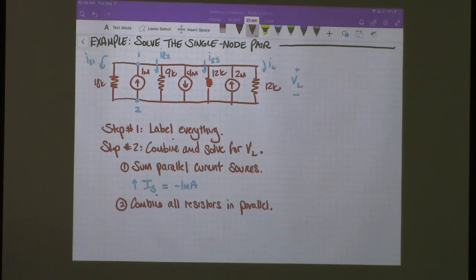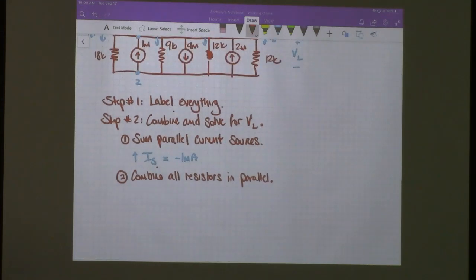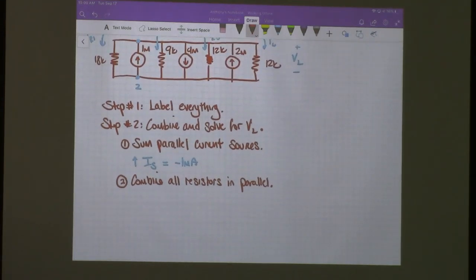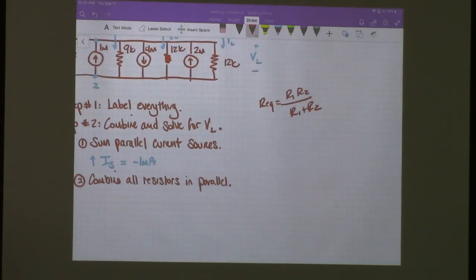Okay. So now we combine all the resistors in parallel. The equation that we learned so far looked like this: R equivalent equals R1 times R2 over R1 plus R2. That's going to be a little bit tedious to use if we have more than 2 to combine. There's another version that we haven't discussed yet.